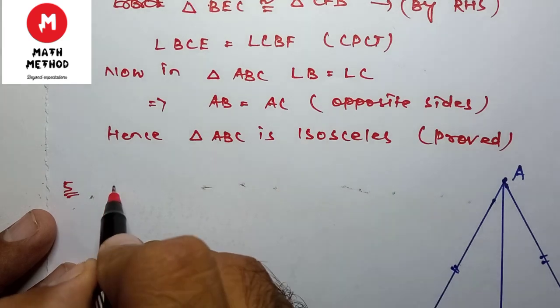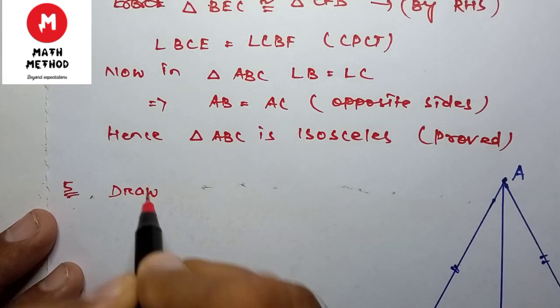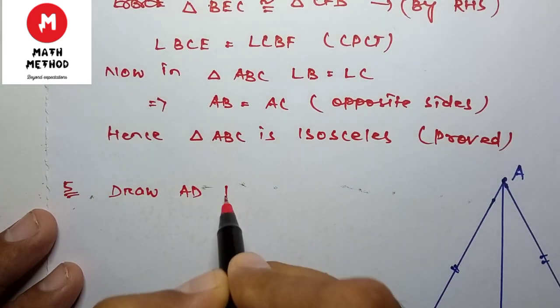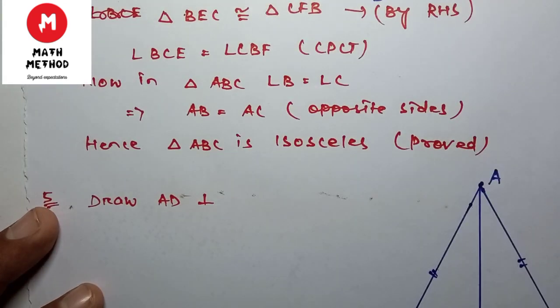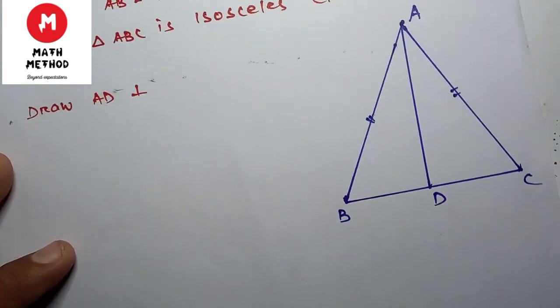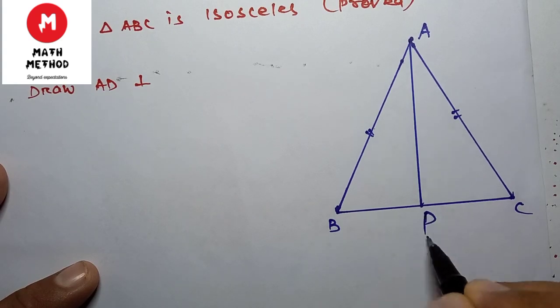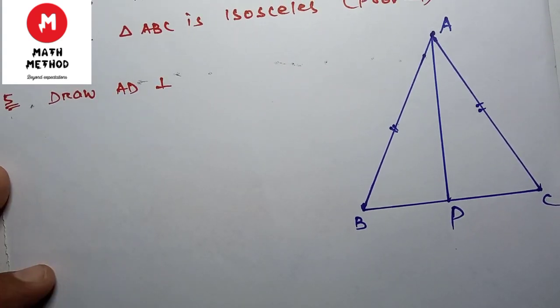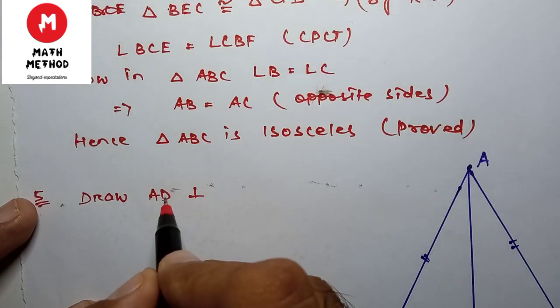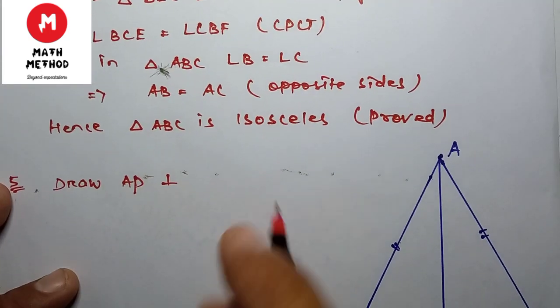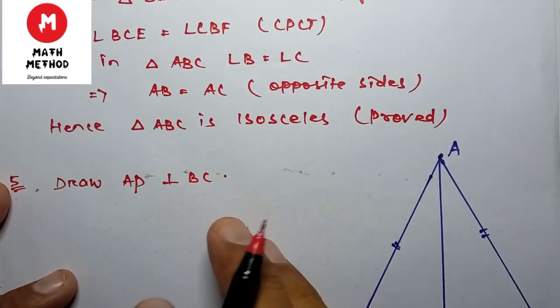Here this is my P. So here AP is perpendicular with BC. This is our given.